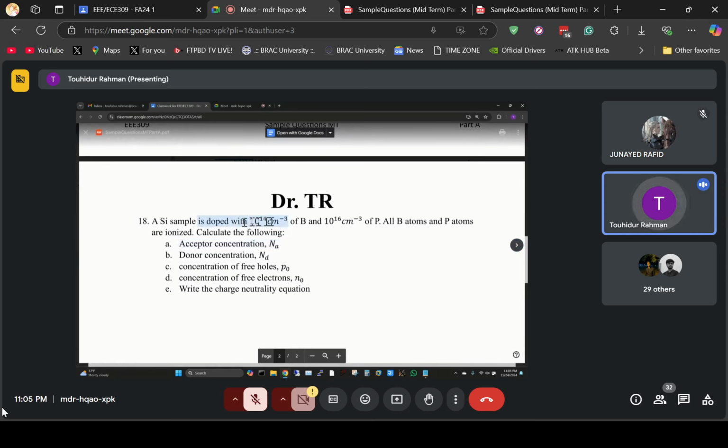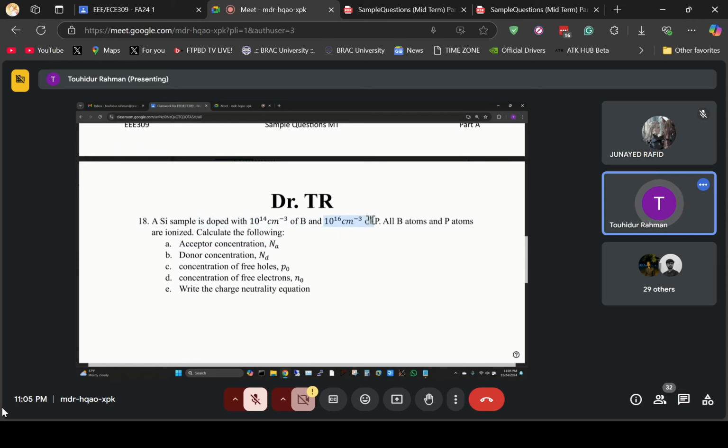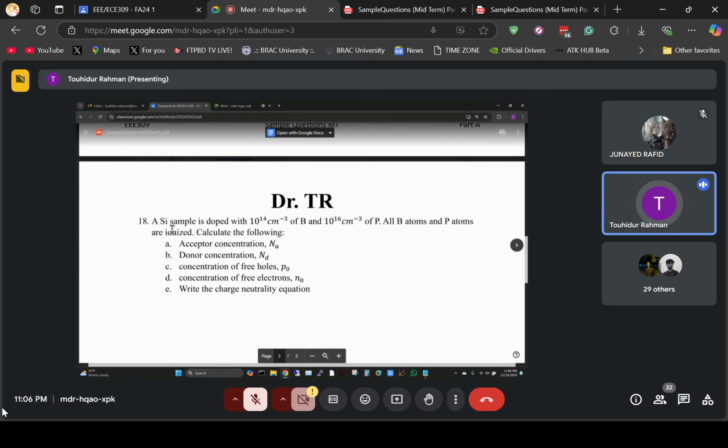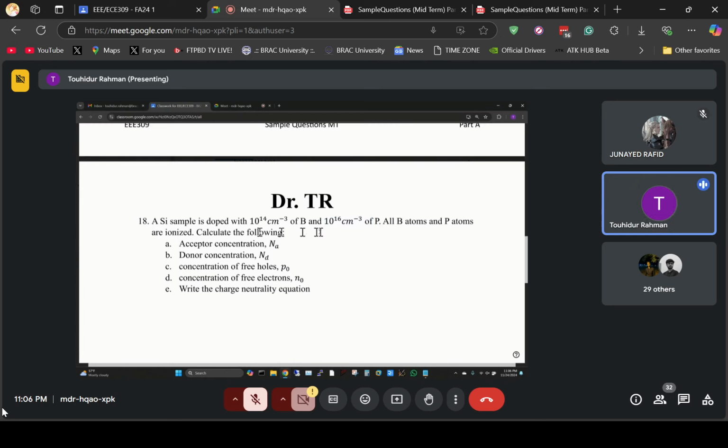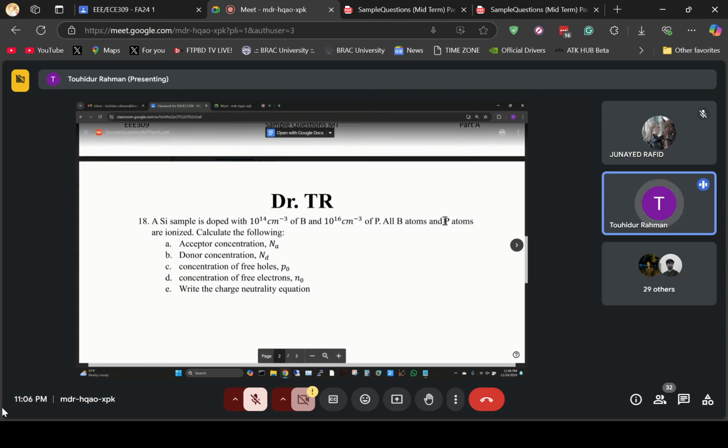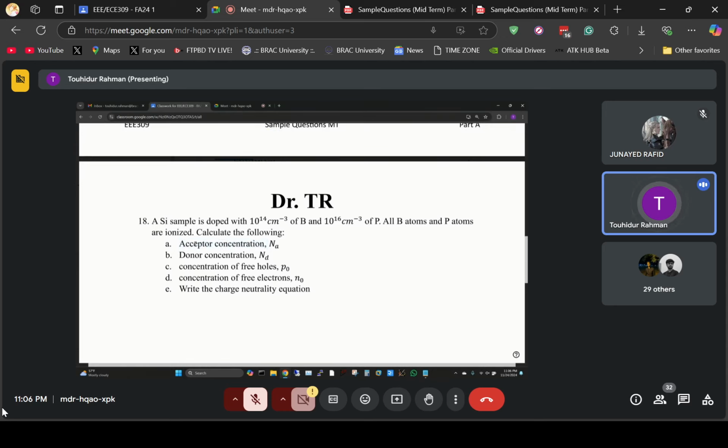We have the doping concentration of boron, the doping concentration of phosphorus, and the most important thing is that all boron atoms and phosphorus atoms are ionized. That means the holes from boron atoms and the electrons from phosphorus atoms are all available. So acceptor concentration will be exactly the same as the number of ionized boron atoms.